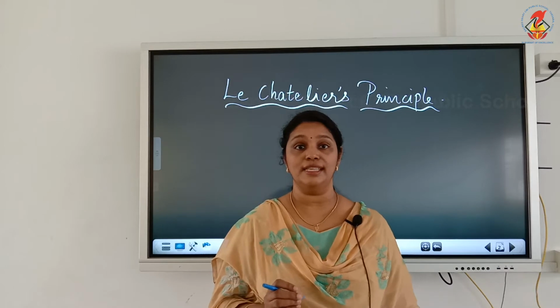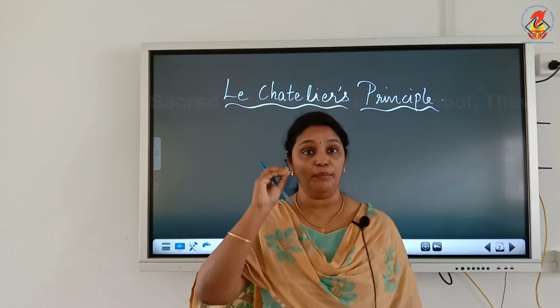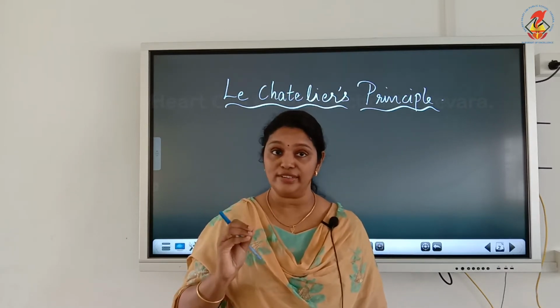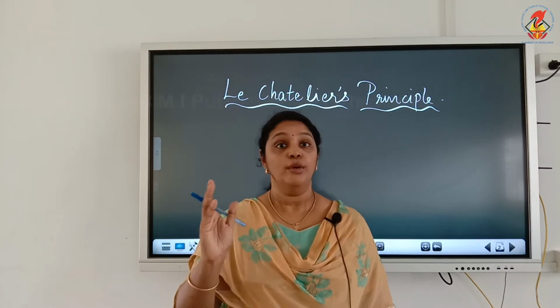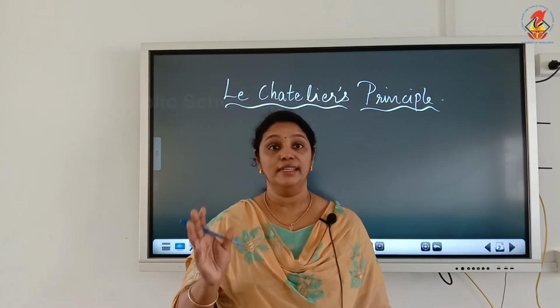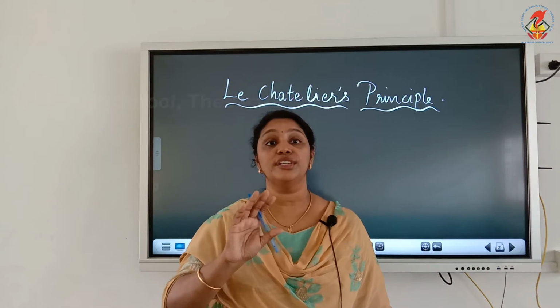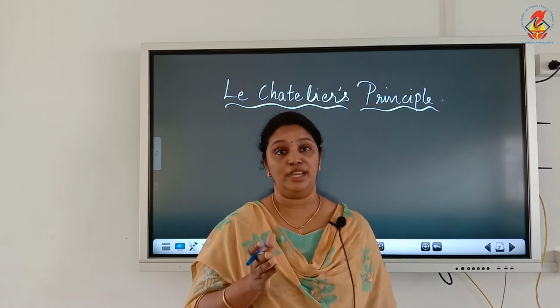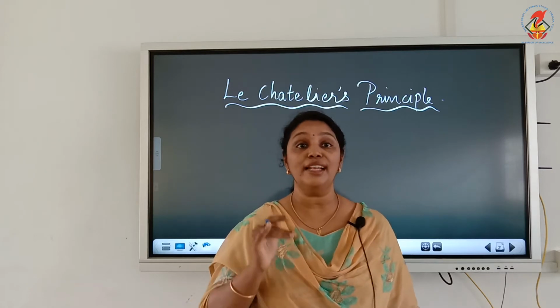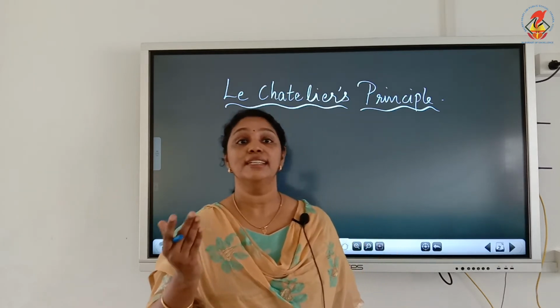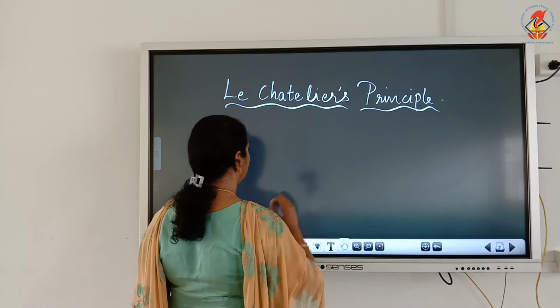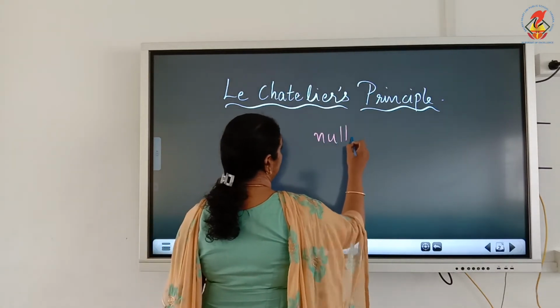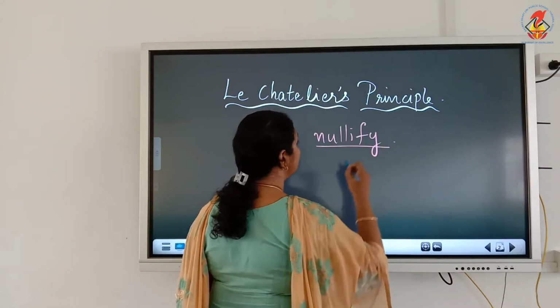So what happens is, when we change the temperature, pressure or concentration of a reaction which is at equilibrium, the reaction will try to cancel the effect of that change, or it tries to nullify the effect of that change. Nullify means cancel.